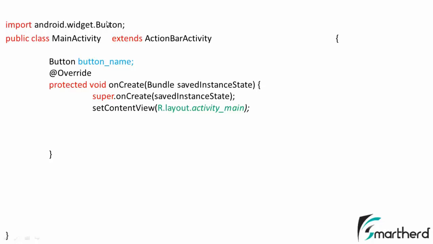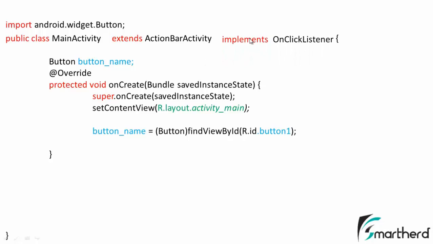It is actually auto generated, you don't have to type it here. After that you have to complete the initialization by initializing the button_name inside the onCreate, like this. This is the syntax. I'm going to explain the syntax in the next tutorial. Don't worry, guys, I will show you the code.